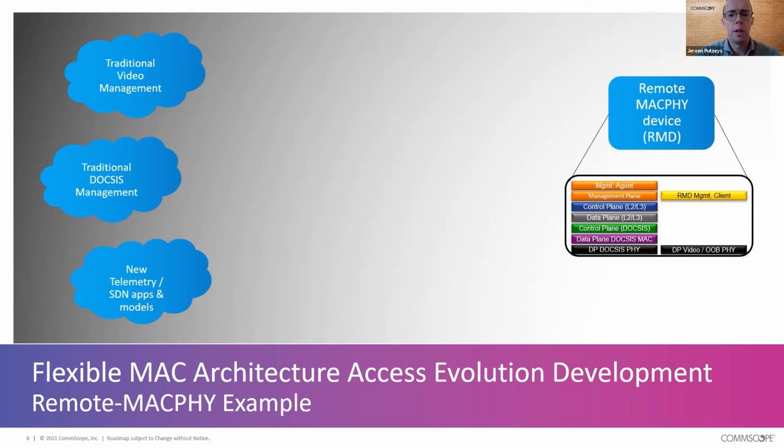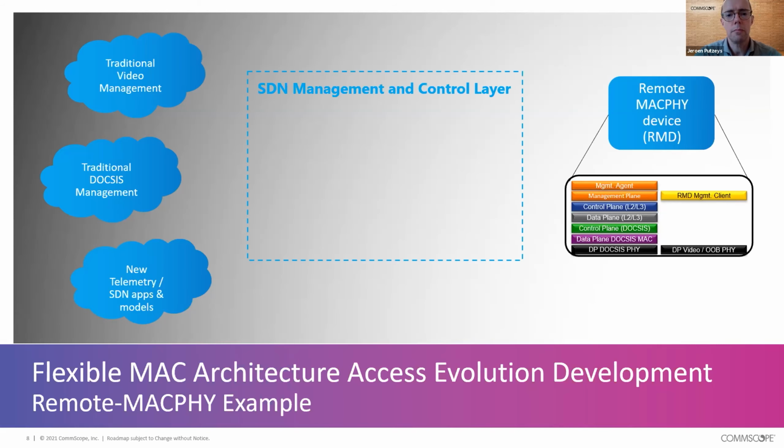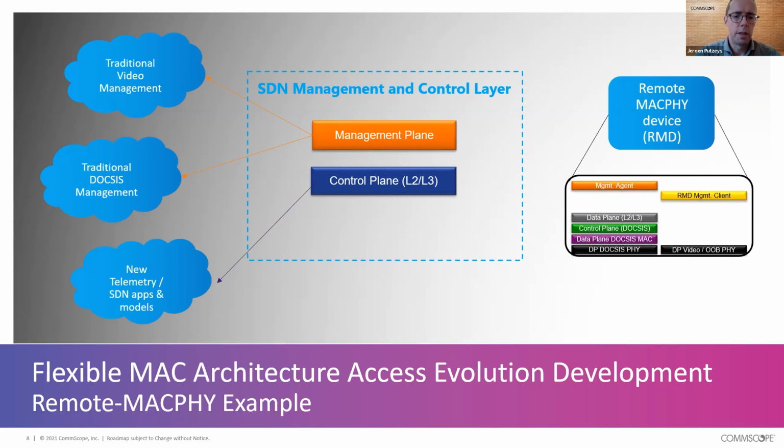On the left hand side, we have the traditional existing video and DOCSIS, OSS, BSS, and NMS management systems currently deployed by the MSO. Now, with the evolution towards FMA, we are aggregating both the management and the control plane into an SDN management layer. I'll build up the slides so you can see how that transpires as part of this migration.